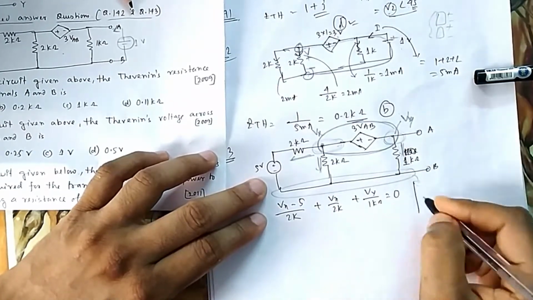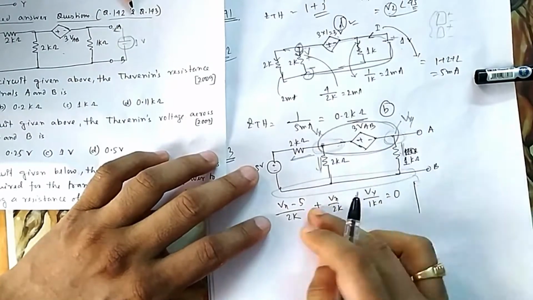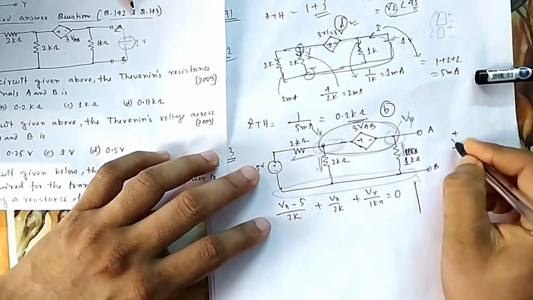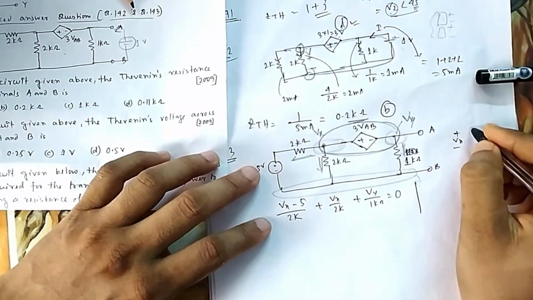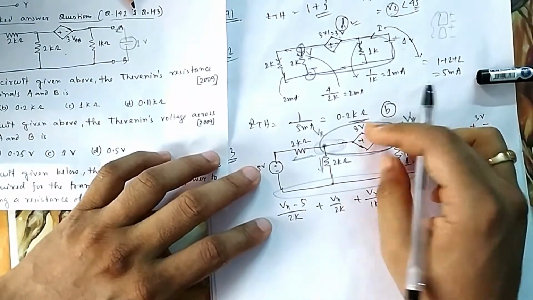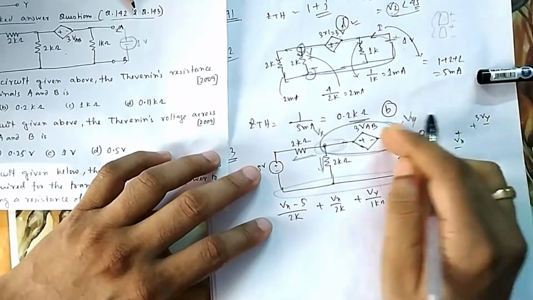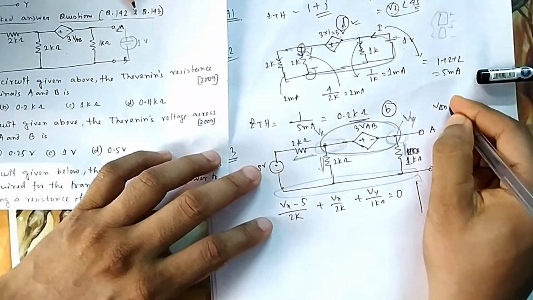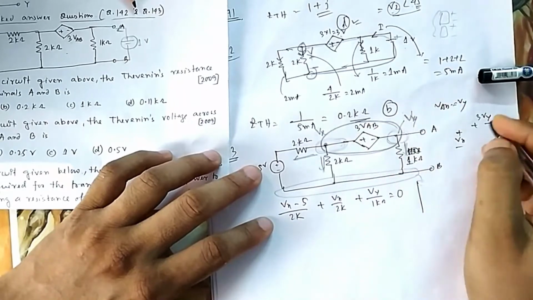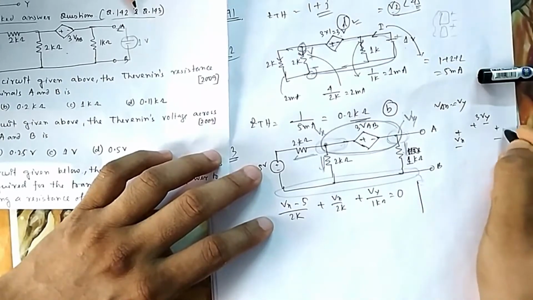Since there are two unknowns in it, another equation will come from here also. This is my Vx, and there is a voltage source of plus minus 3 VAB. VAB means Vy, because this voltage is Vy, so VAB is nothing but Vy.